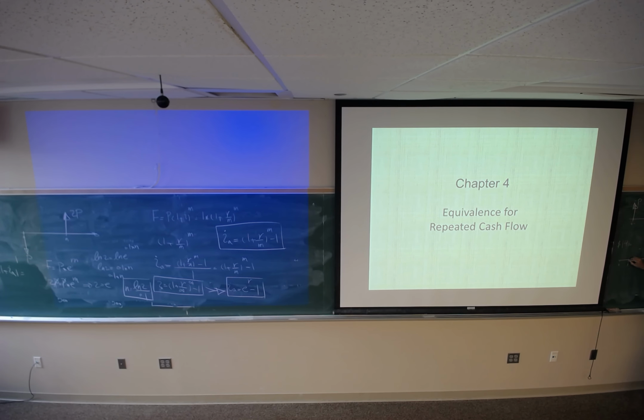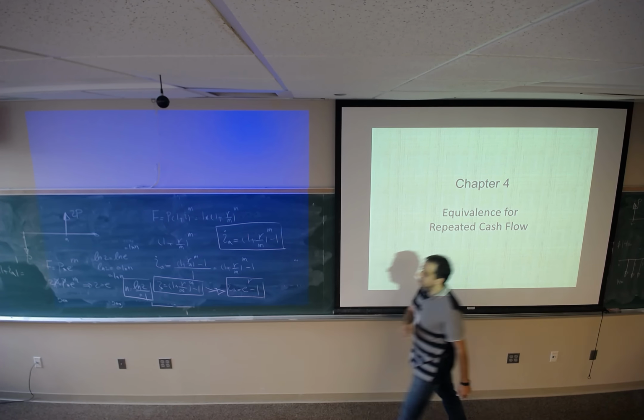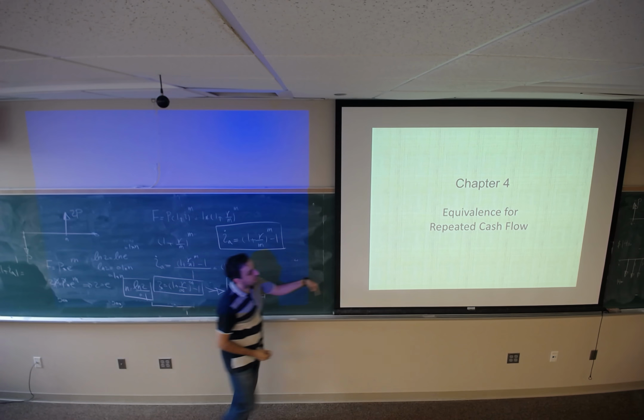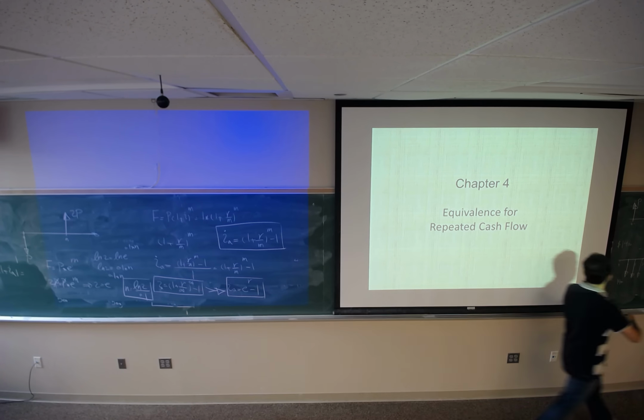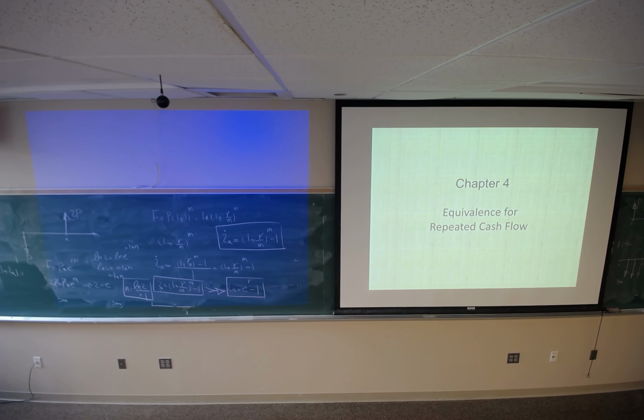It's going to start from the end of the first month, $1,400, and you are going to repeat this for the second month, third month, fourth month, fifth month, all the way to the end of year 30. So as you see, you have repeated cash flow, repeated single payment. You just repeat the same amount over time.